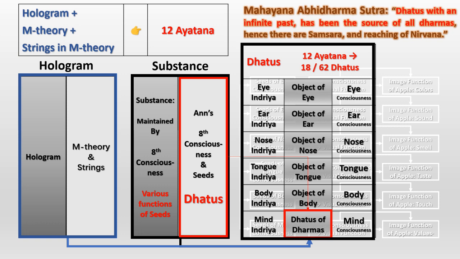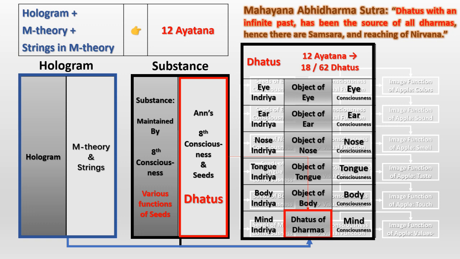Additionally, eighth consciousness, in principle, can also be subsumed into the dhatus of dharmas in the 12 ayatana. Therefore, with the above analysis, the information in the substance should be in the 6 object areas of the 12 ayatana. In other words, looked at from an overall perspective, substance, plus eighth consciousness, plus the seeds in eighth consciousness, are the 12 ayatana.